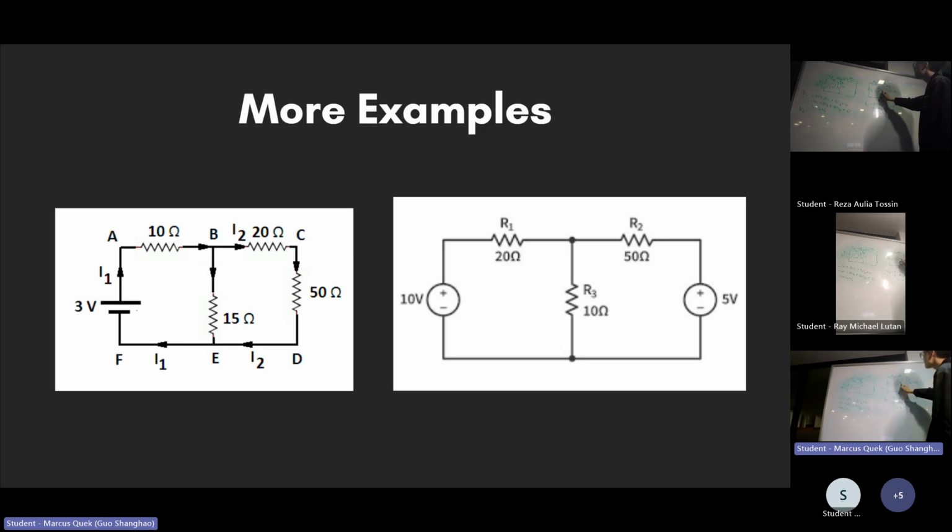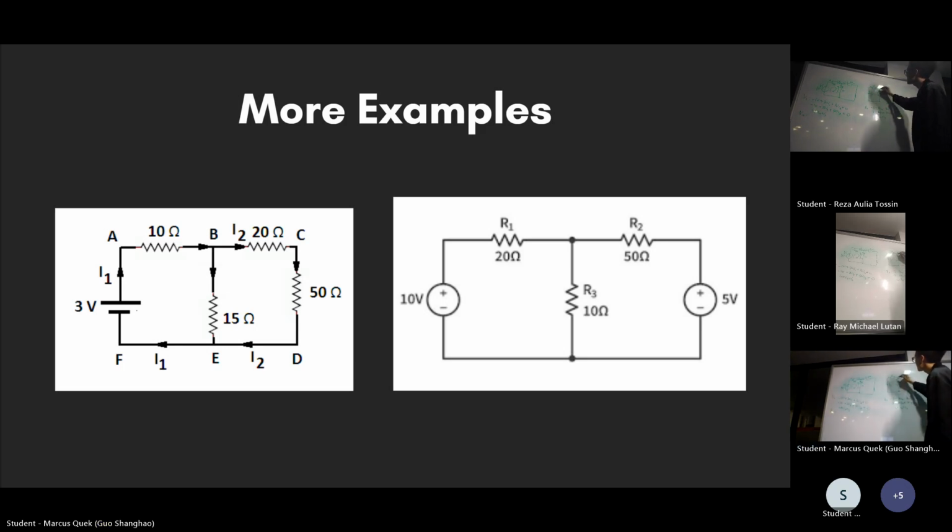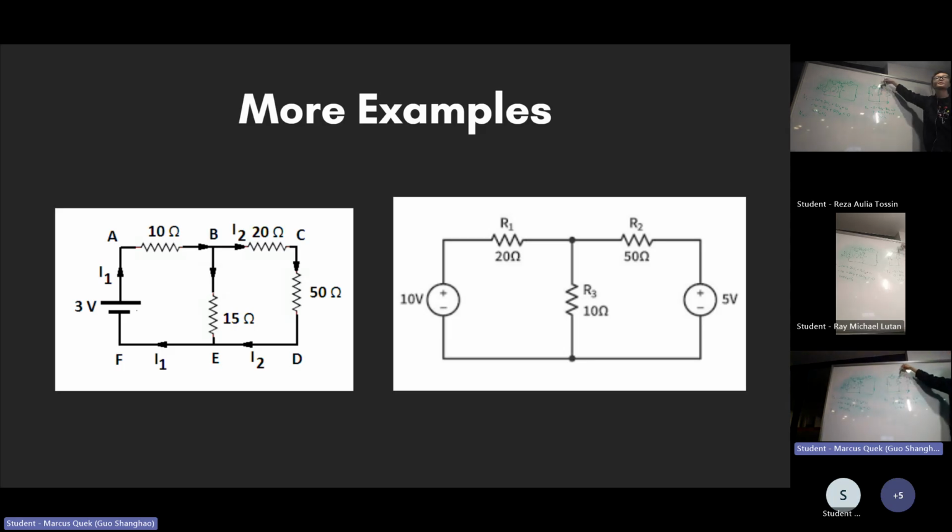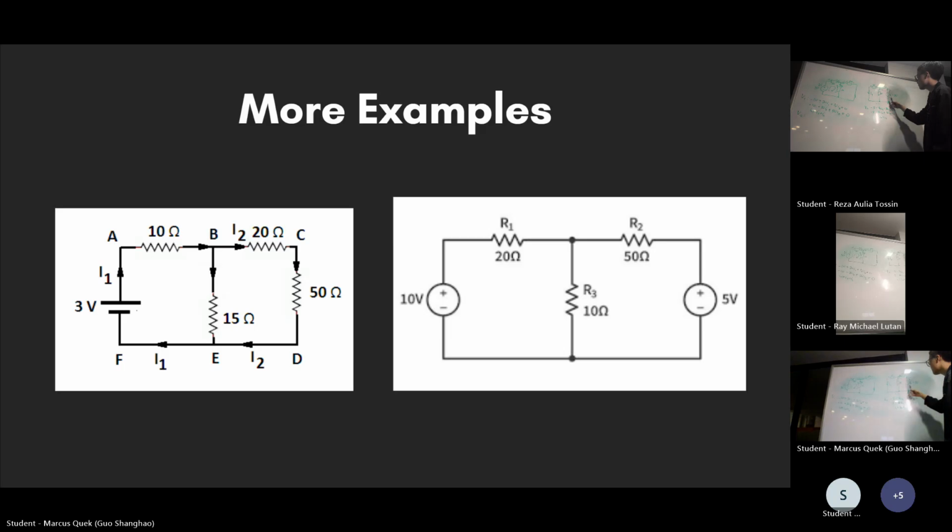So, no, it's correct, because current is flowing from the top. Whenever current is flowing through here, the voltage must drop. So that's why when I start off here it is negative.